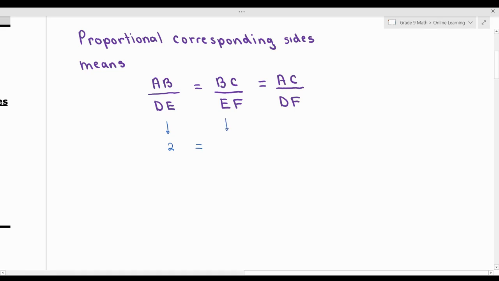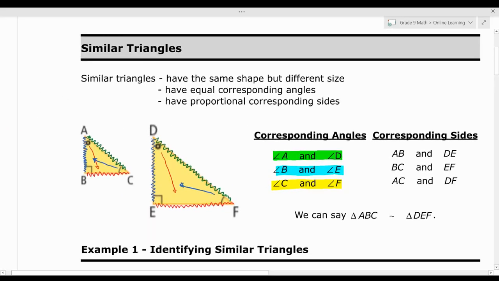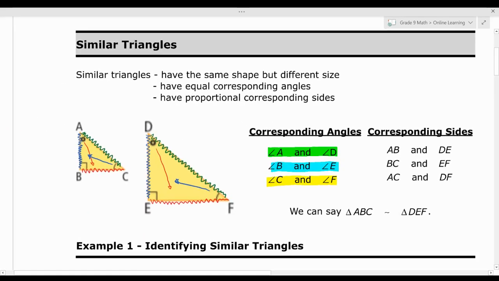If they are proportional, the corresponding sides would also have to clean up to be a 2, and these would also have to be a 2. So as long as these numbers are all the same, they're not going to be 2 all the time, then I can say that these two triangles would be similar.